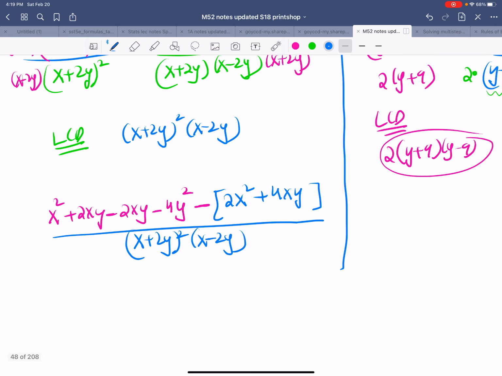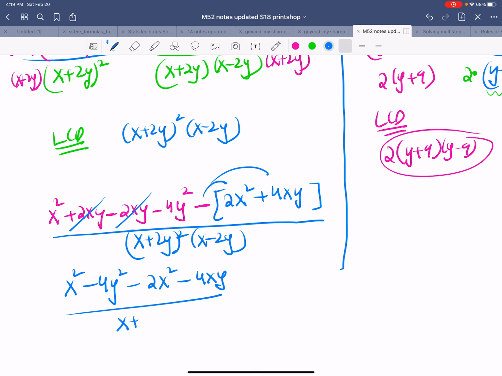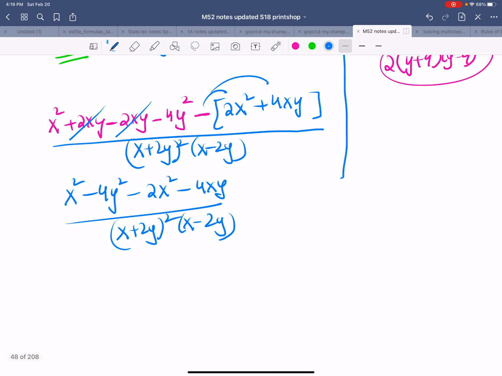All we have to do is distribute the negative and combine the like terms. x² and 2xy and minus 2xy is gone. Minus 4y² minus 2x² minus 4xy over (x + 2y)², (x − 2y).